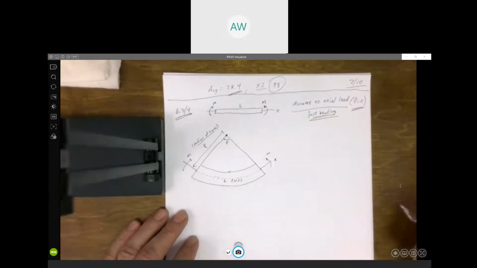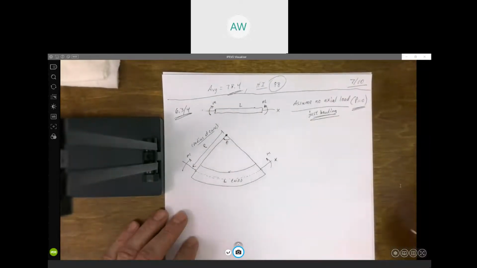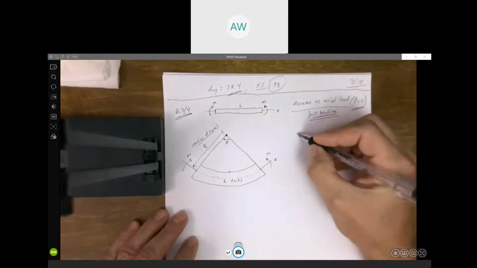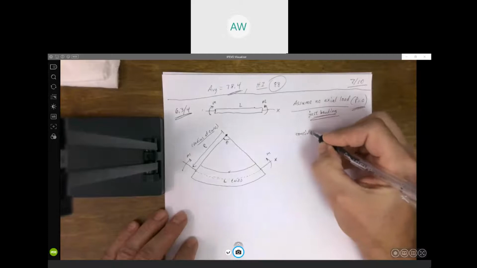So what I want to do is look at some arbitrary surface.